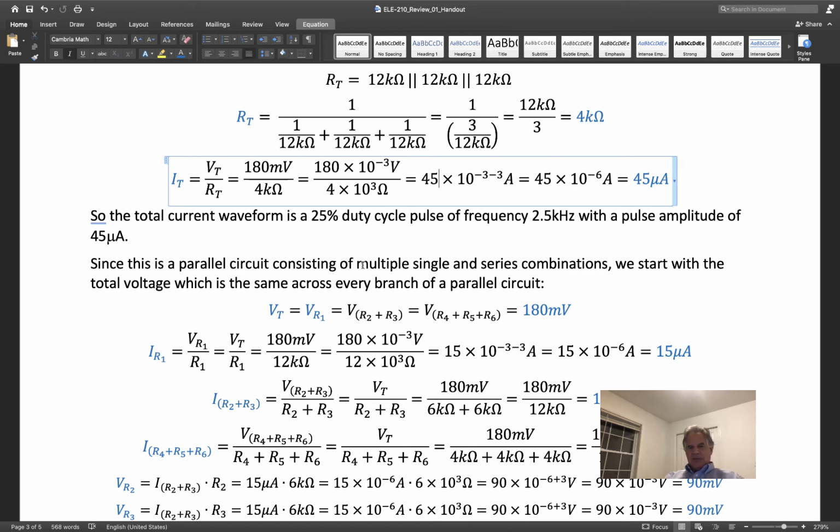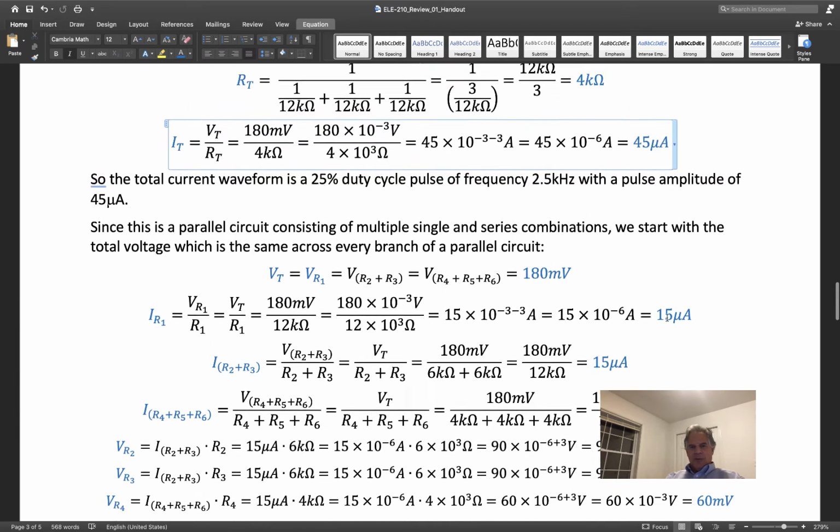Since this is a parallel circuit consisting of multiple single and series combinations, that is, we have single resistors and series resistors, and they're combined into a parallel circuit. We start with the total voltage, which is the same across every branch of the circuit.